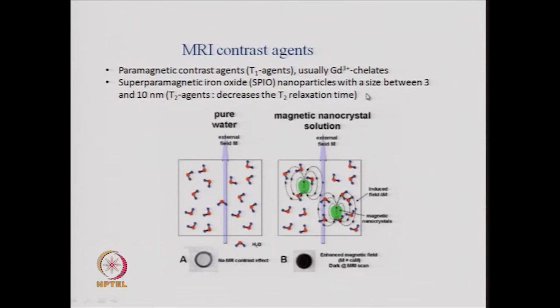These particles have a size between 3 to 10 nanometers, and these small sized iron oxide nanoparticles are T2 agents, that means they affect the spin relaxation time. It decreases the relaxation time actually, and that brings about a contrast when the magnetization is being recorded.